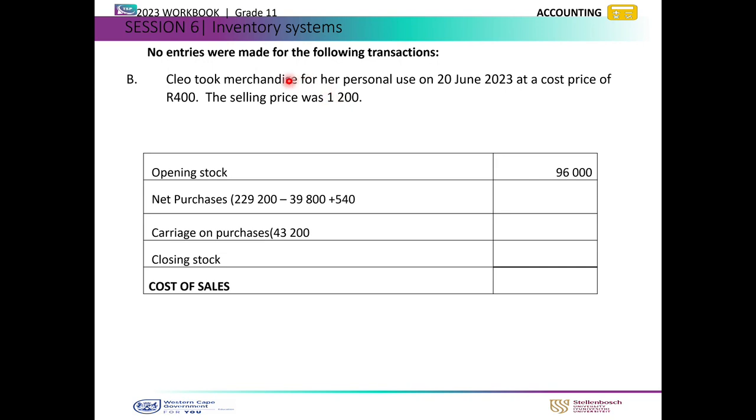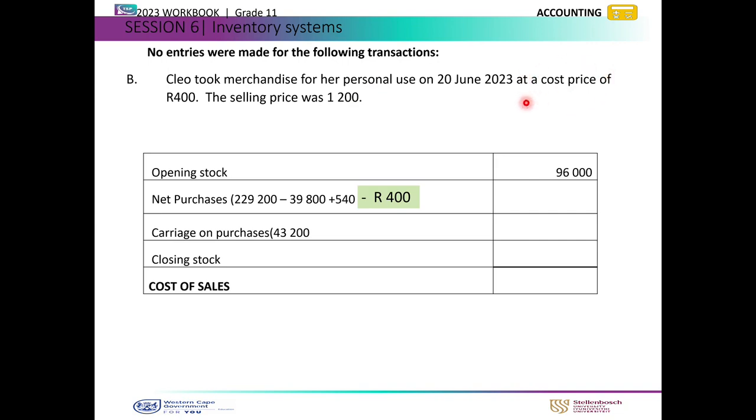So because she took goods, merchandise or trading stock for personal use at a cost price of 400 Rand, that means that my purchases that I've purchased has to actually decrease with the 400 amount. So it's less 400 Rand. Do not make the mistake of using the selling price amount when an owner of a business takes something. Whenever it is personal use, that means it is drawings, and they always use it at the cost price amount.